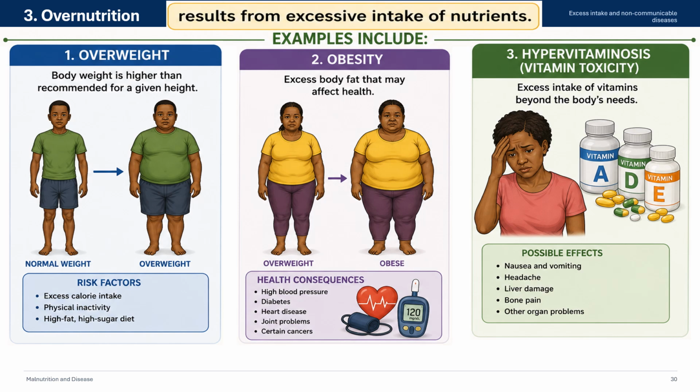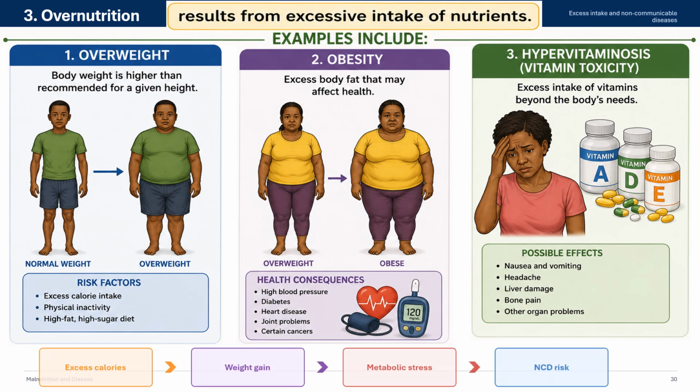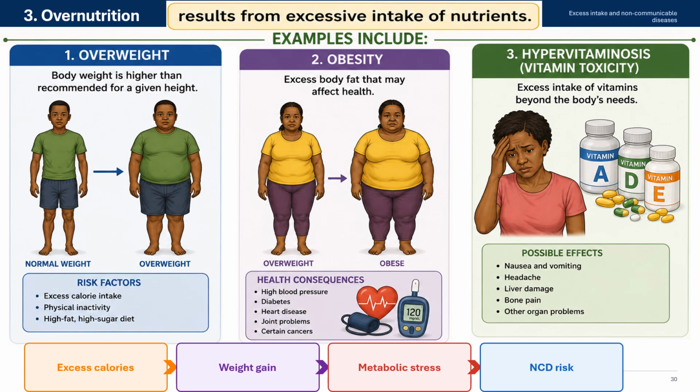Its possible side effects include nausea and vomiting, headache, liver damage, bone pain, and other organ problems. In general, excess calorie leads to weight gain, which leads to metabolic stress, which will consequently lead to the development of non-communicable diseases.